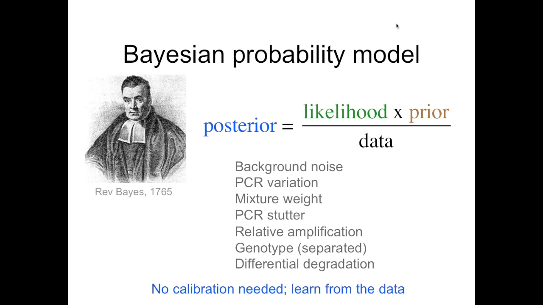So your belief after seeing the data is the likelihood, a factor that interacts with the data, times your prior probability. And there's a constant called the data constant that makes sure everything adds up to 1.